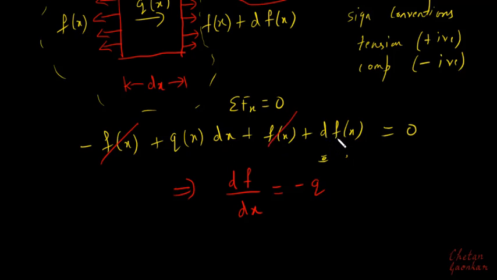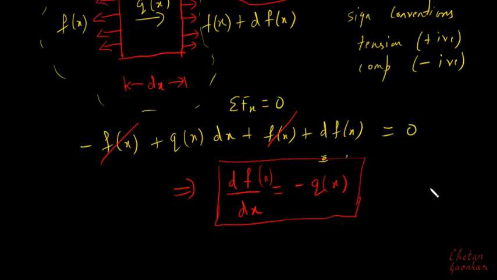I can keep df on this side, and the q term, once it goes to the right hand side, will become minus q of x dx. Then if I bring dx down, finally what I get is df of x by dx equal to minus q of x. We'll call this equation 1, and we'll keep it as it is.